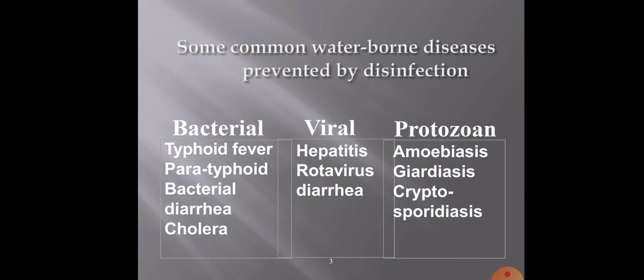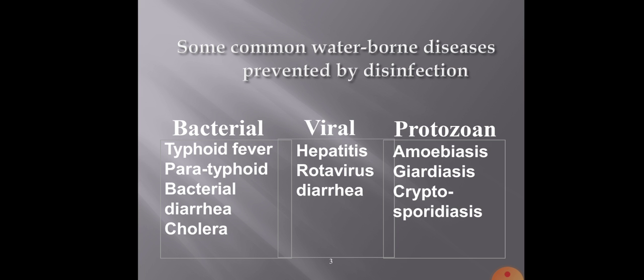These are other microorganisms which lead to various conditions like amoebiasis, cryptosporidiasis, like that. So likewise, all these microorganisms and bacteria that are present in water, if not treated properly, will lead to various waterborne diseases.